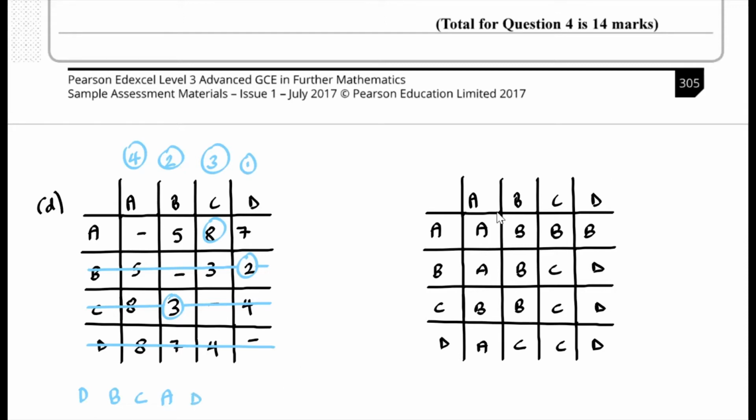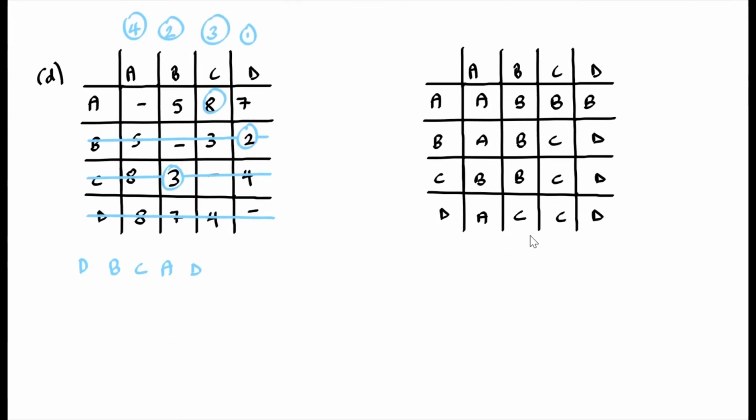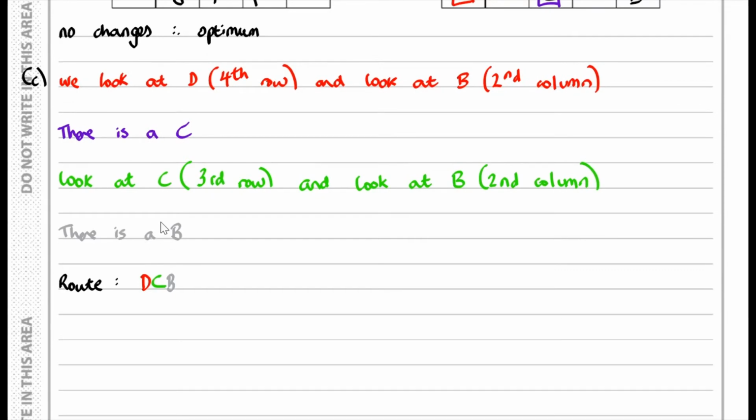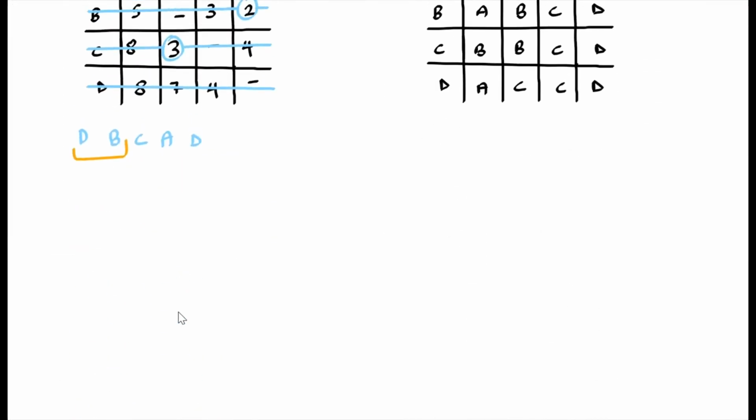And then we have to look at this table over here. Now, if we take a look first of all at DB, we know from part C of the question, to go from D to B, we have to go DCB. Okay?